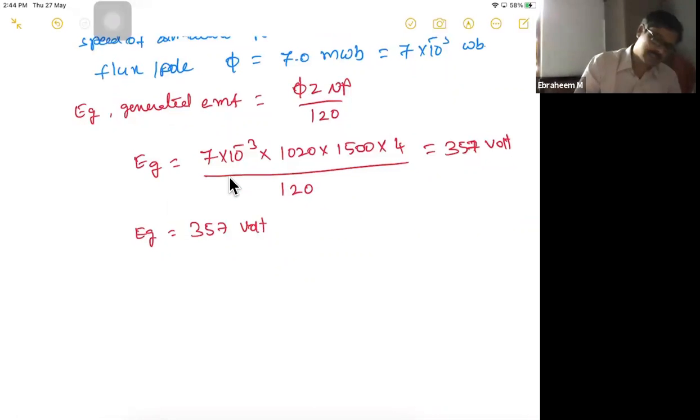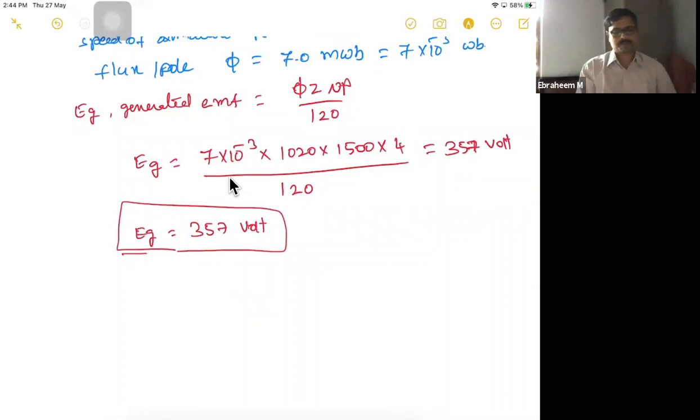So the answer is 357 volts. If you have any doubt, you can ask. It's already 2:44, so only 6 minutes left, right?